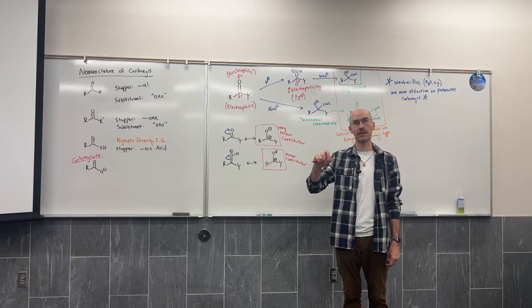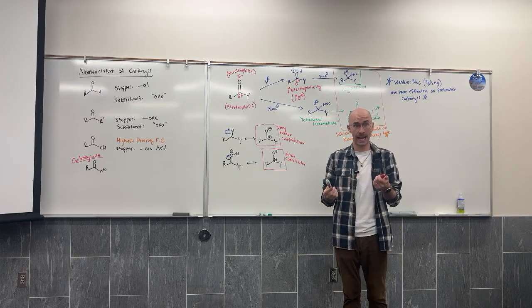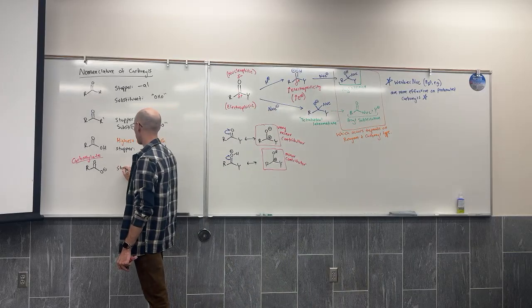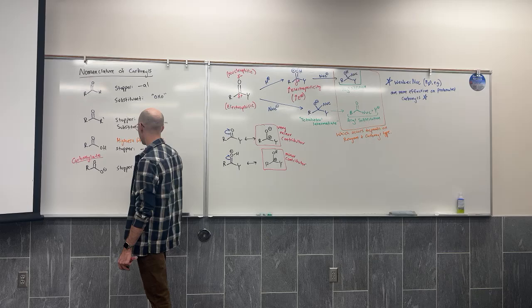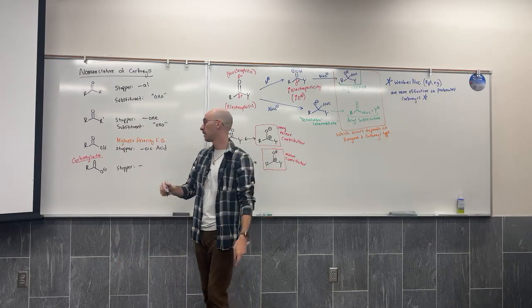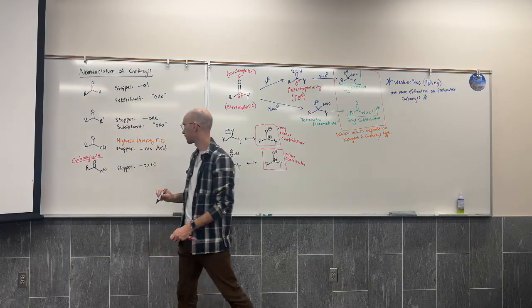That ate part is telling you that it's an anion. The stopper that we give to this is that we take the alkane, alkene, alkyne, and we stopper that last E with oate.